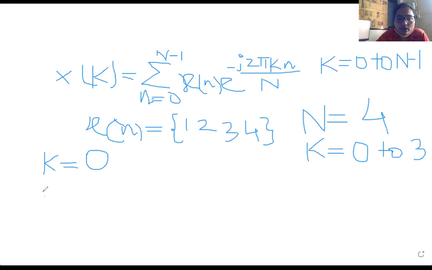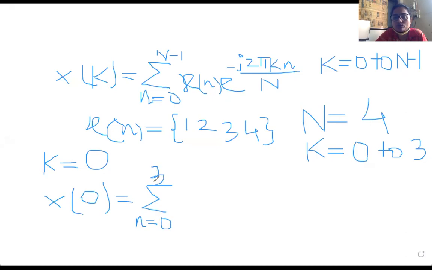So x of 0 is equal to the summation, where the index n is also going to vary from 0 to 3. So here it is going to be x of n.